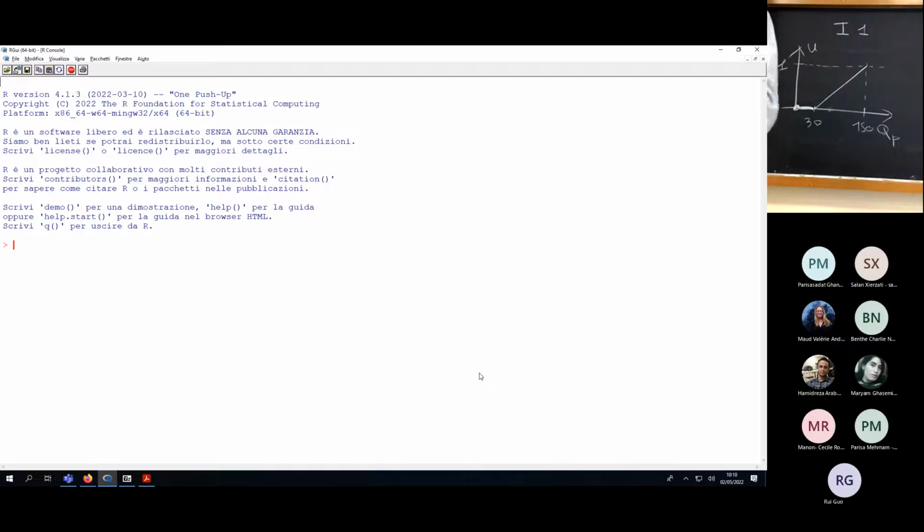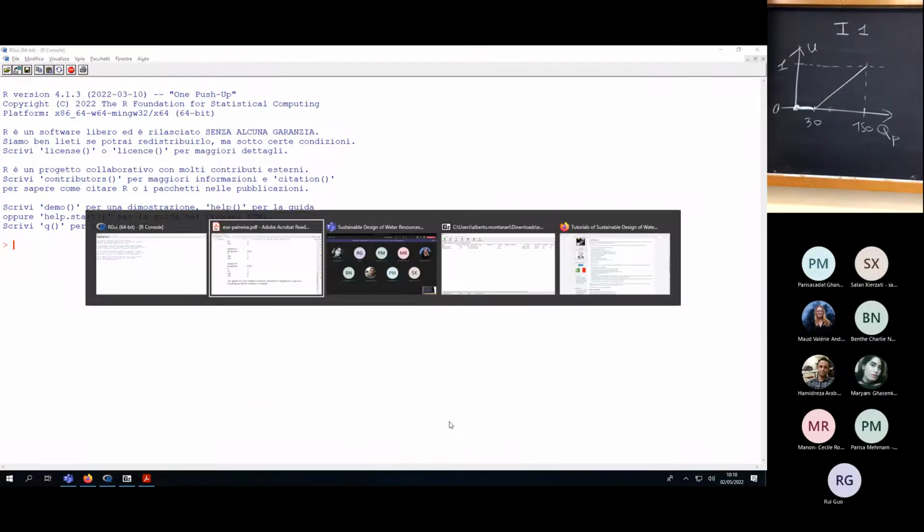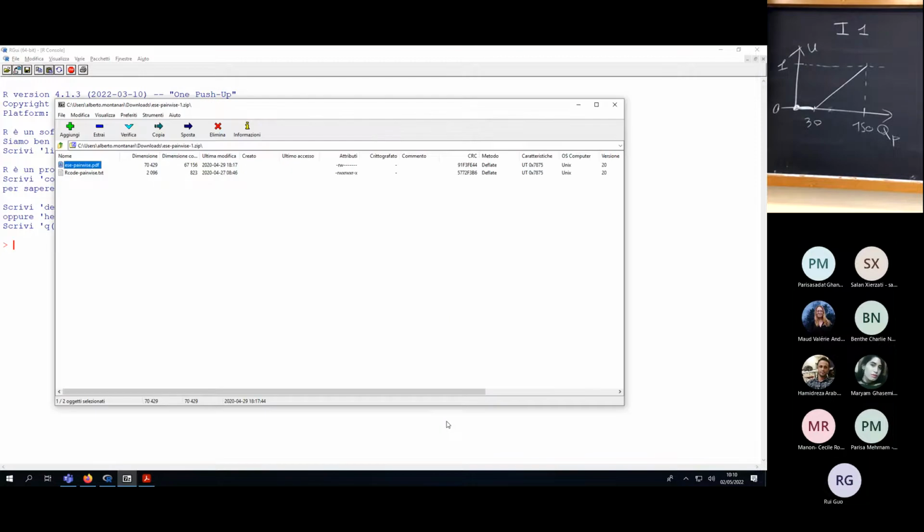And I suggest, if you can, that you follow me by repeating what I'm doing, okay? Otherwise, the utility of what we are doing goes down a lot. If you just look at the screen, it's not really as useful as it should be. Okay, let's go then to the zip file again, and there is a proposed R code.